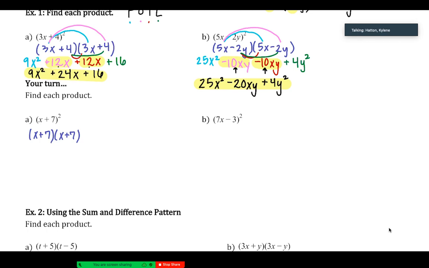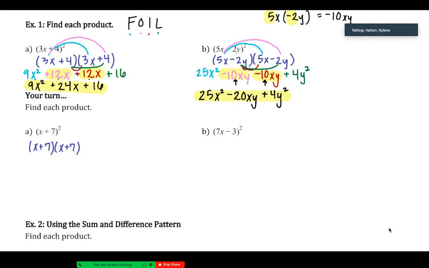So if I FOIL it, I have to multiply the first two terms together. The first term in each parentheses is x and x. So x times x is x squared. And then I have to multiply the outer two terms together. So the outside terms are x and 7. So x times 7 we write as 7x.